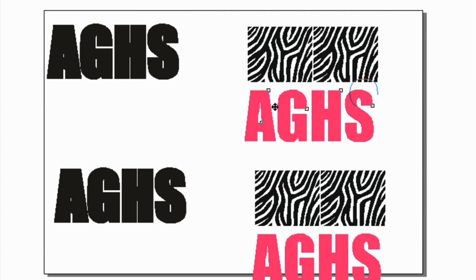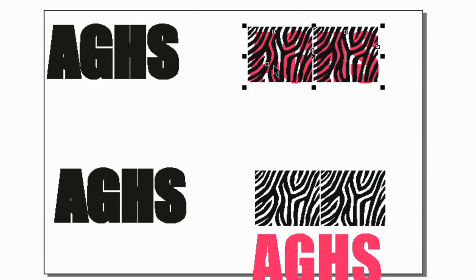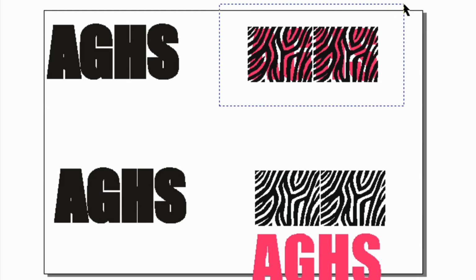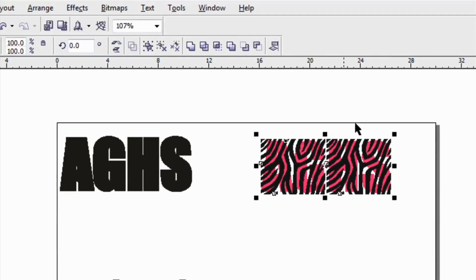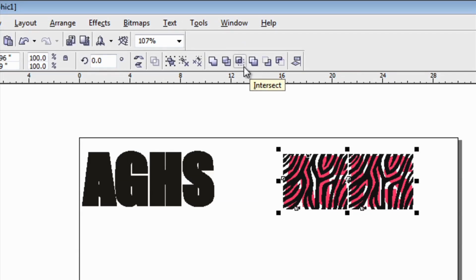In order to execute that, all I'm going to do is drop that text once again underneath my print pattern, select both components, the print and the text, and then simply go up to my quick selection here and utilize the intersect command.